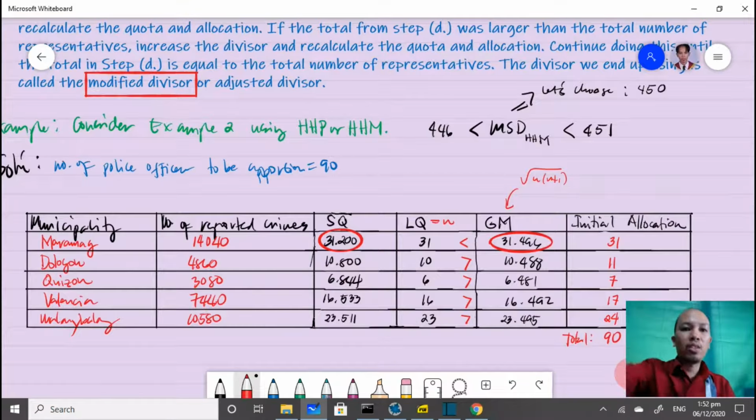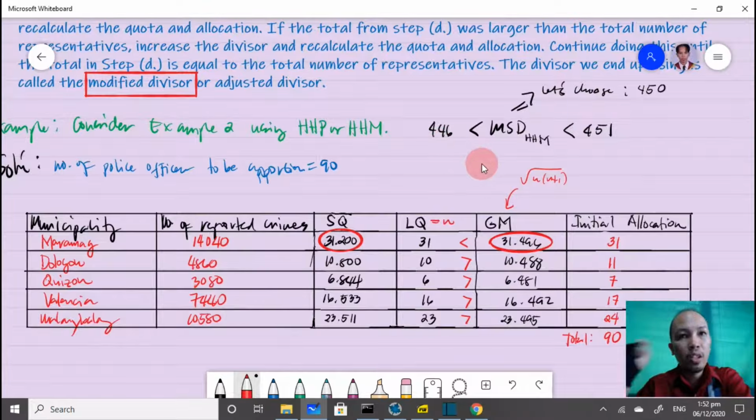So that's how you follow the procedure of the Huntington-Hill method. I already told you a while ago that this is a modification of the Webster method, and the Webster method is the modification of the Jefferson method, and again the Jefferson method is a modification of the Hamilton method.